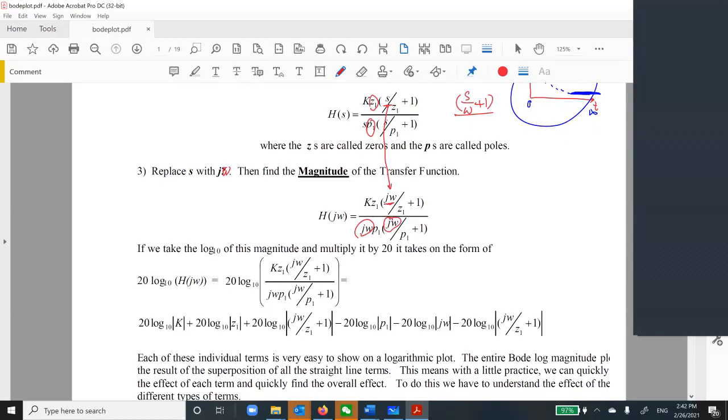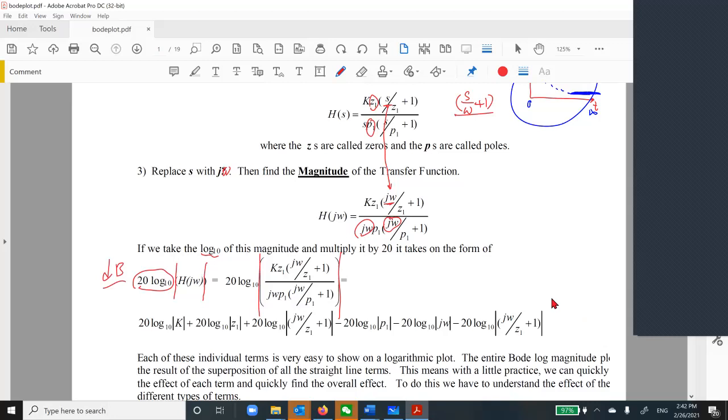So this is easy, right? Then we're going to do 20 log 10, which gives dB, of the magnitude. We should put the magnitude sign in here.